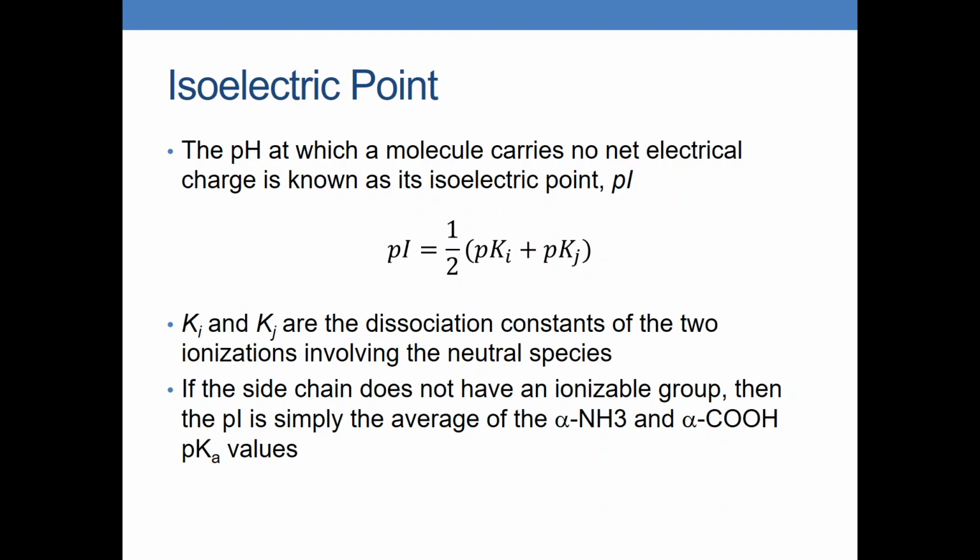So on an exam, I don't want to see you sitting down and trying to take the average of all of your functional groups. I have had students do this. That is not correct. What is correct is just simply the average of 2 pKa values, not the overall average pKa value. So don't overcomplicate this.